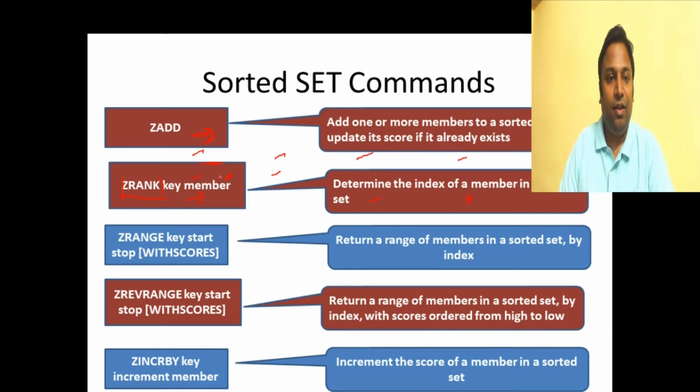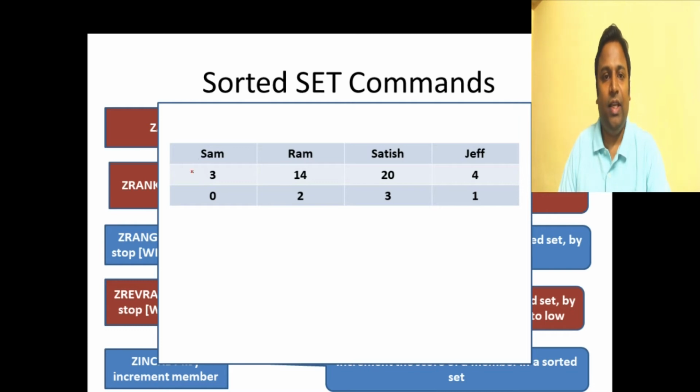Let's take a look at the next command, ZRange. What is ZRange? It's very similar to LRange in lists, wherein we print the range of elements from a list using the index, whereas in ZRange, we're going to print the range of elements using the rank. Okay, let's take a look at the scores and the ranks that we have seen already. Using the ranks, I'll be able to print a range of elements from the sorted set.